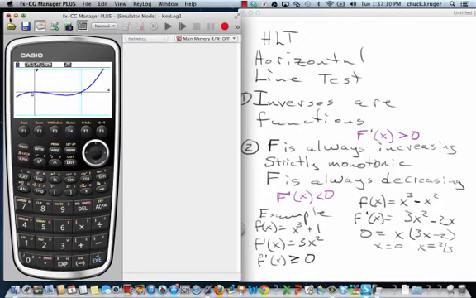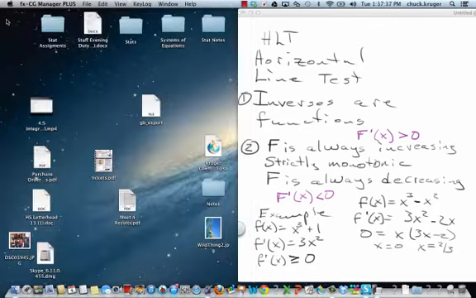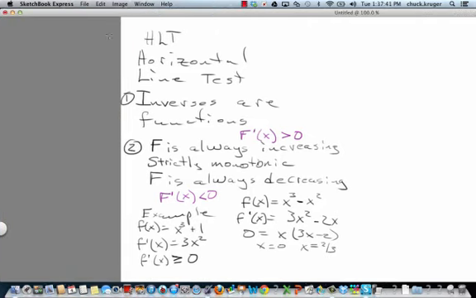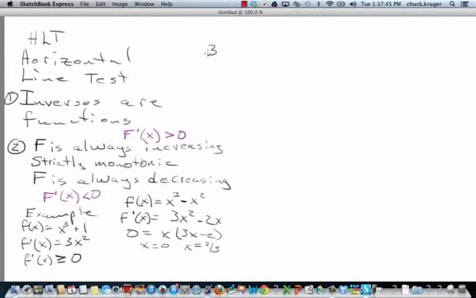There's one last thing I want to talk about, and I'm going to get rid of this. It is the idea that the function is 1 to 1.